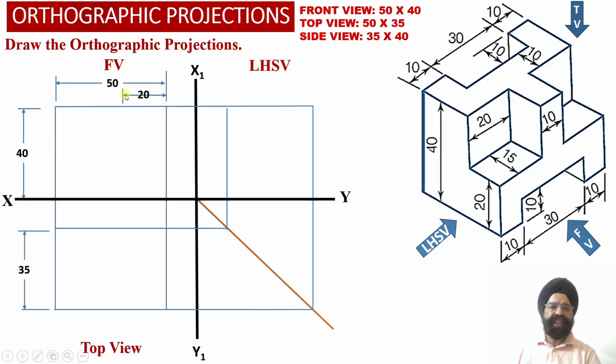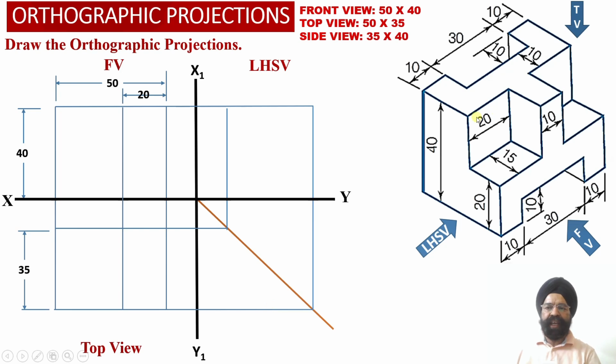Having measured this distance of 20 millimeter from the right hand side face, we have obtained a vertical projector line in the front view, and we have appropriately extended this vertical projector line into the top view projection.